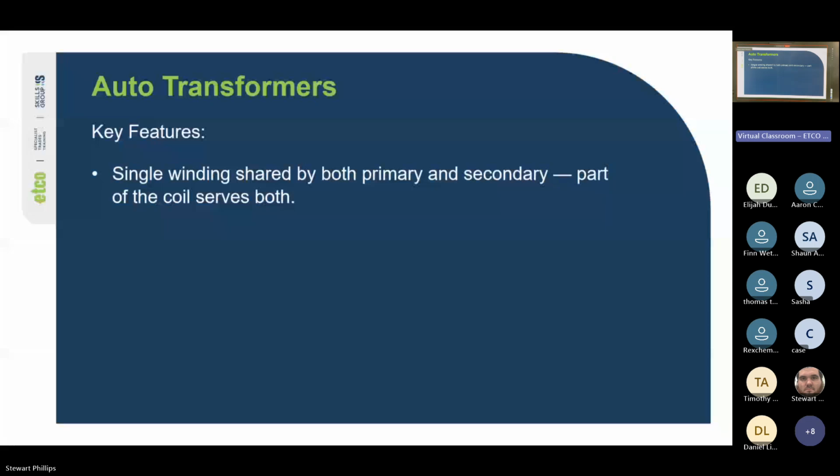So we need to remember, if we're doing our drawings and we have a winding, we need to make sure if it's a step up, we tap the winding halfway for the input. And if it's a step down, we tap it halfway or whatever point we need to for the load side. We need to keep an eye on whether the question is asking us for a step up or a step down auto transformer, and make sure we put the tap in the correct side, depending on whether it's step up or step down.